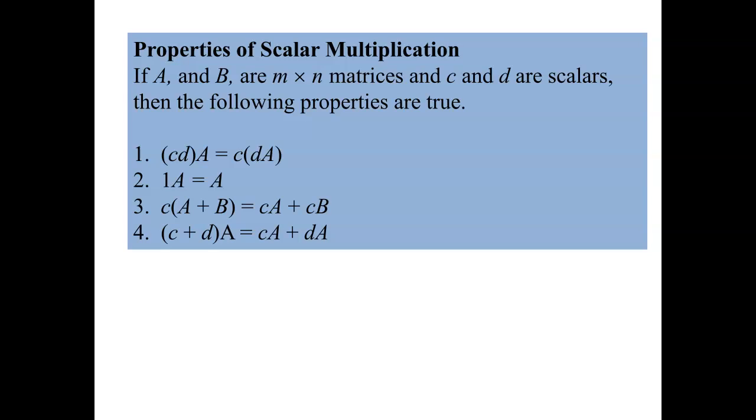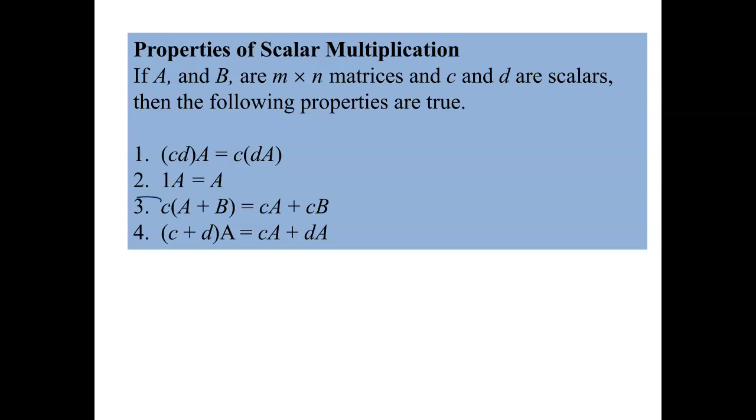If I'm multiplying a matrix by a scalar of 1, it does not change the matrix. If I'm adding 2 matrices and then I'm multiplying by a scalar, I could also distribute that scalar, or vice versa. If I'm multiplying 2 matrices by the same scalar, I can factor out that scalar, do the addition first, and then the multiplication. Okay?